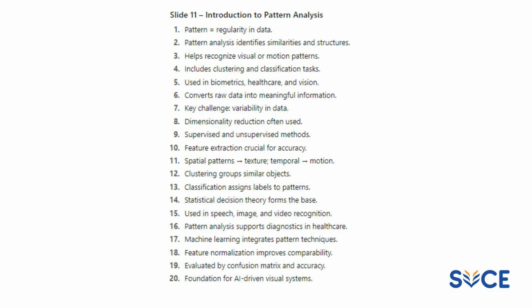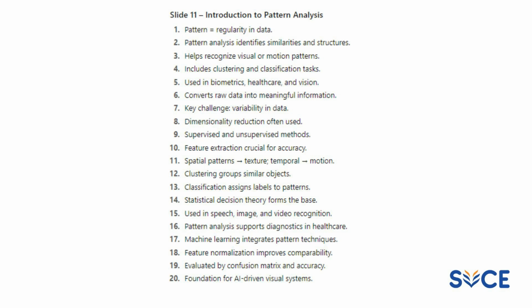differences, and trends. It allows the systems to make predictions, recognize objects, and automate decision making. To summarize, pattern analysis transforms raw data into actionable knowledge, whether through clustering or classification.